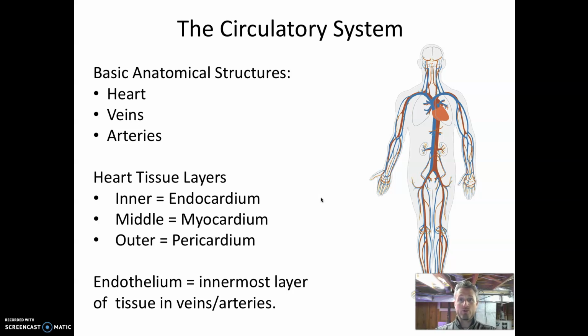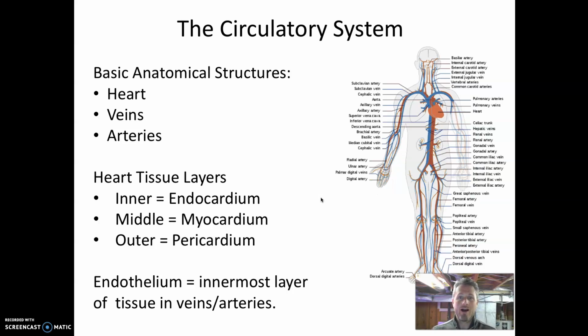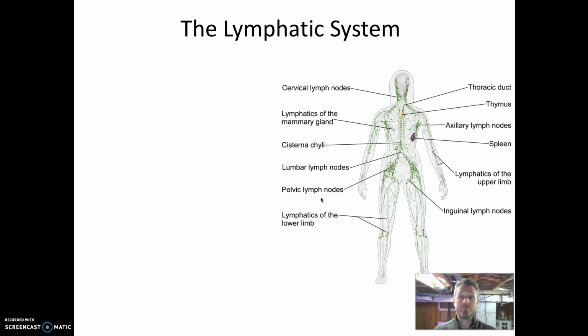So for the circulatory system, that's really what we need to know. Of course, there's all sorts of anatomical terminology that can be applied to the circulatory system. Here's a labeled diagram with endless names for structures. Again, for us in microbiology, let's just focus on those few major structures and layers of tissues that are relevant to microbial infection.